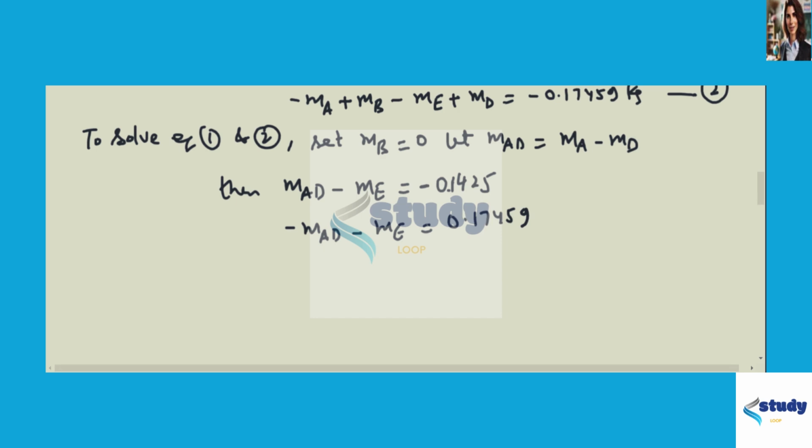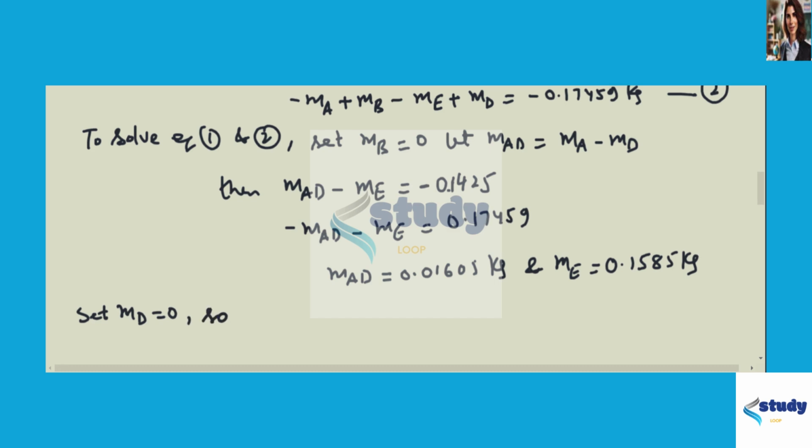So from here you will get MAD is equal to 0.01605 kg and ME is equal to 0.1585 kg. So set MD is equal to 0, and MA you will get. The method is the same, so one by one set MD equal to 0.